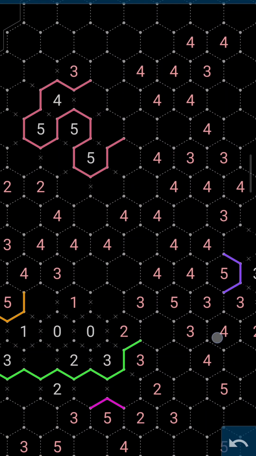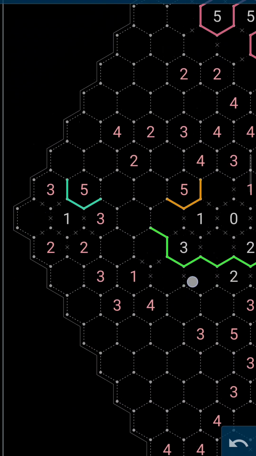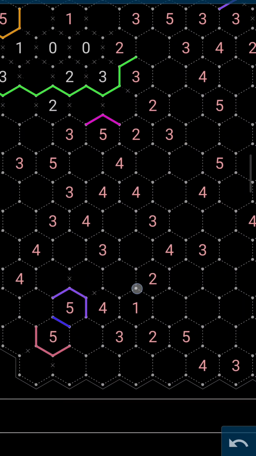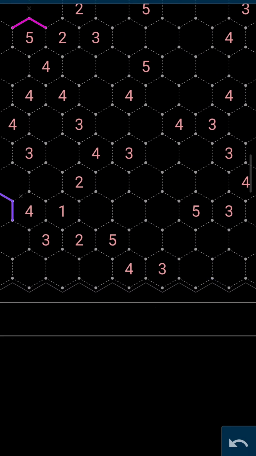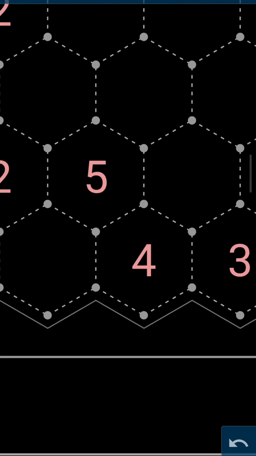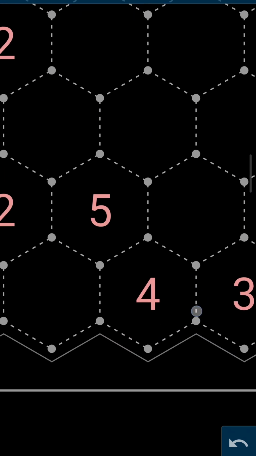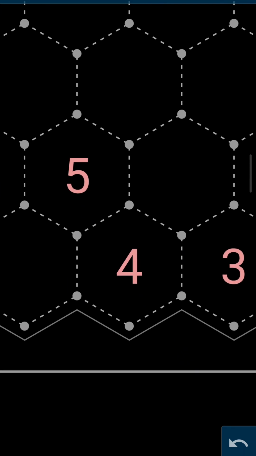Now, shall I stop there? Is there anything else to do with 5s that I could mention? Yes, I suppose. When you have a 4 on the edge and a 5 just on the next layer, you have a very peculiar situation.